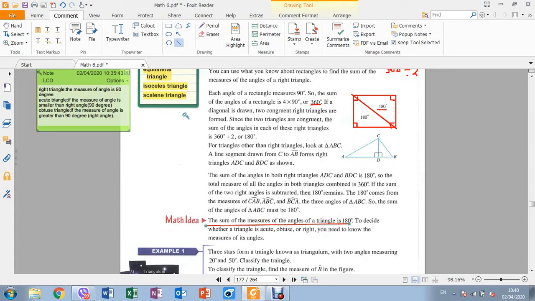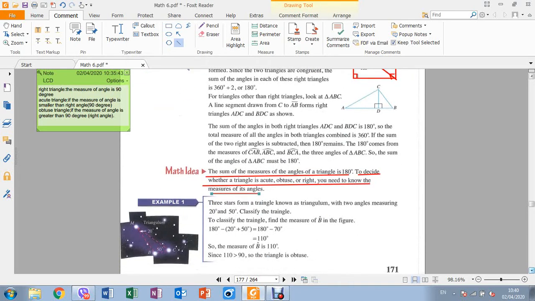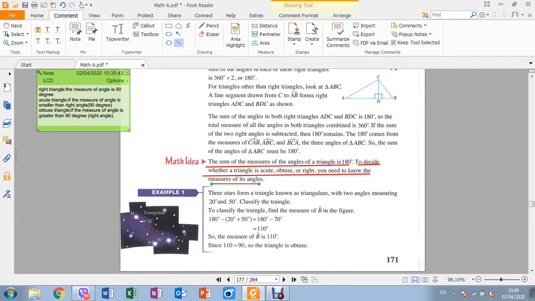To decide whether a triangle is acute, obtuse, or right, you need to know the measure of the angles. At first we need to know the measure. This stands on angles, the first way. So the first example: we have 3 stars from the triangle known as Triangulum.